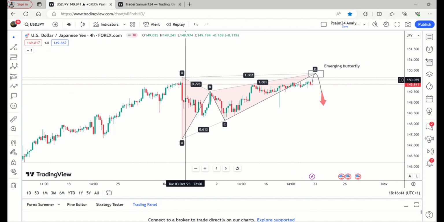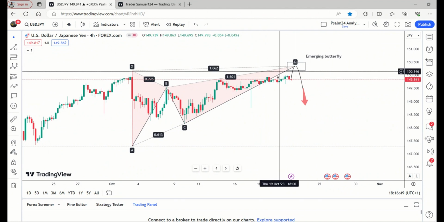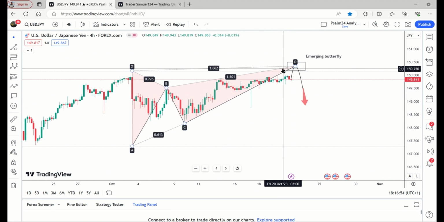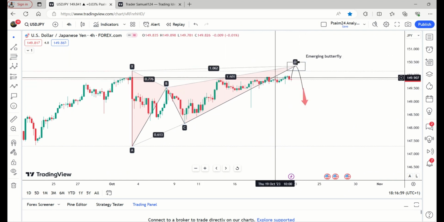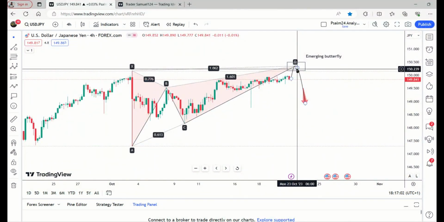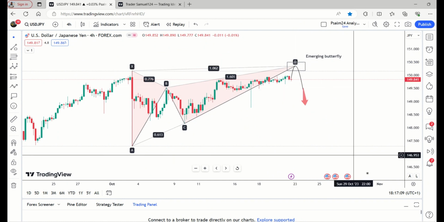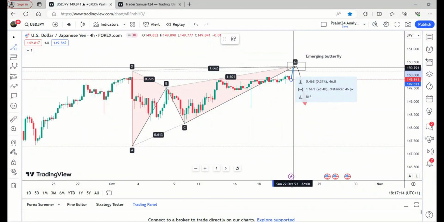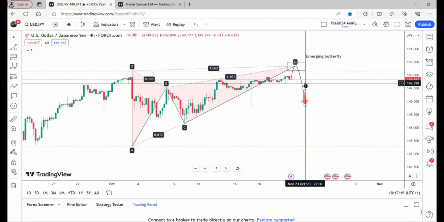Based on our calculation, we are seeing the possibility of this pair forming a bearish butterfly. In that case, the price objective for the formation of a complete, fully formed butterfly has not been met, and if that is what the market maker will do, then we may see a rally, a somewhat slight movement to the upside, maybe about 50 pips, before we'll now see the downside.